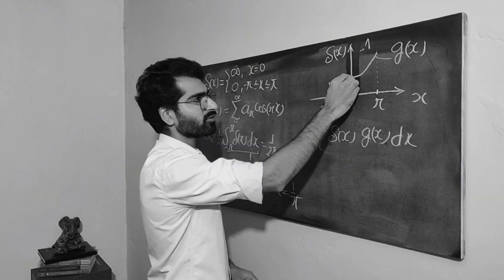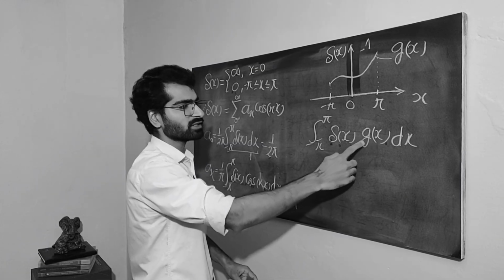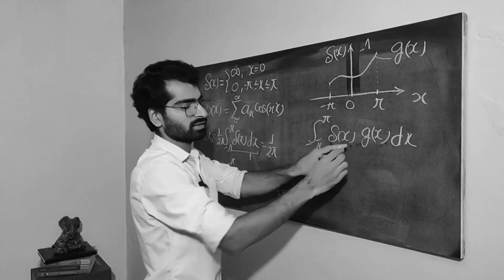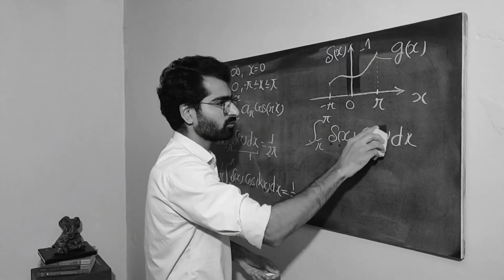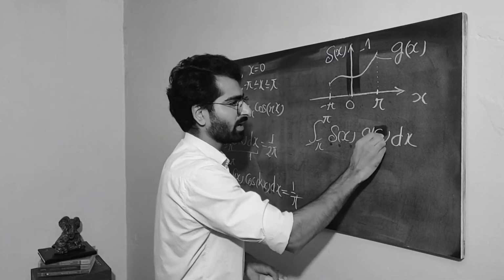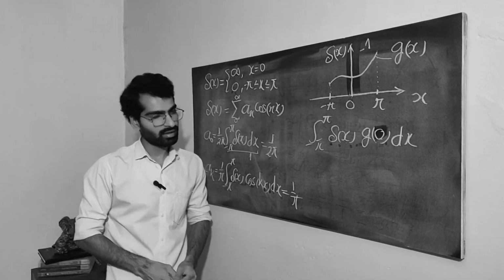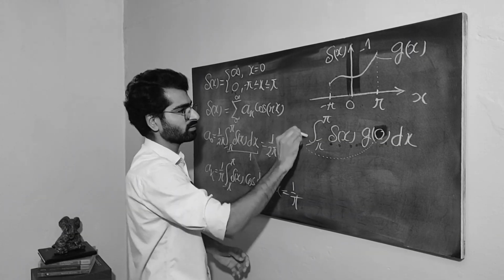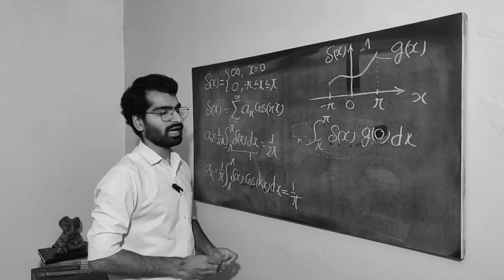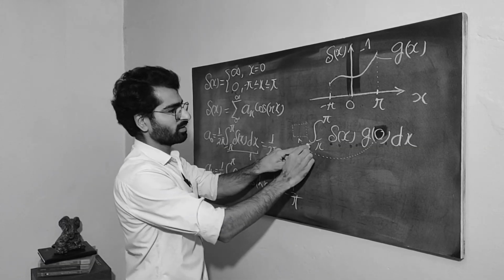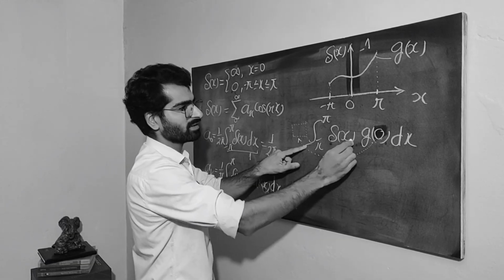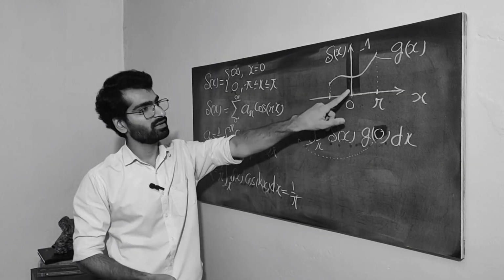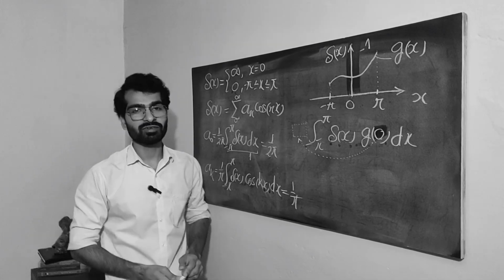But at this spike right here, this delta function picks the value of our function right here. So it picks the value of the ordinary function at x equals 0. And this now can come out of the integral. And now we are again left with the integral from minus pi to pi of that delta function, because that's the only value left of our ordinary function.